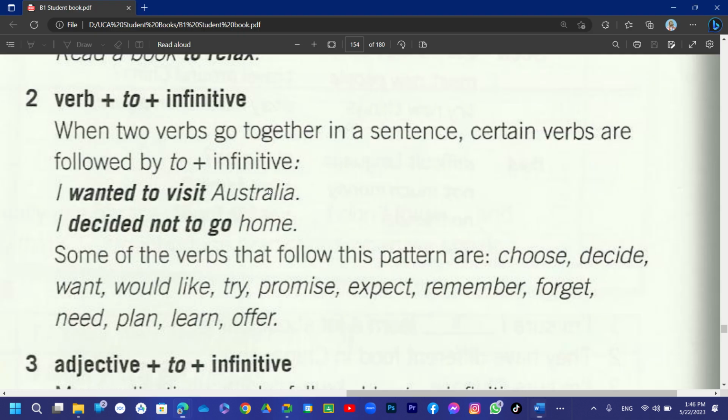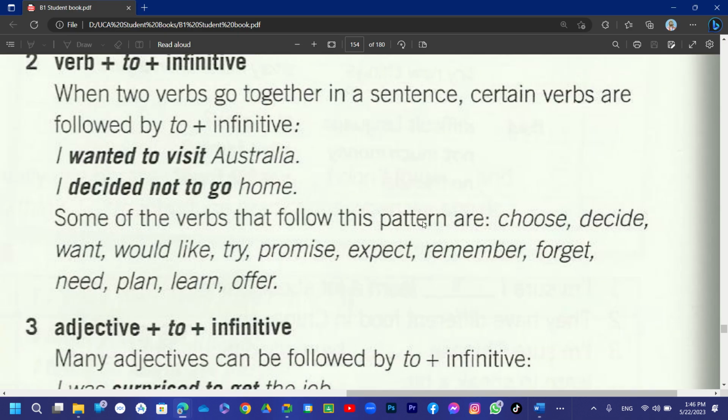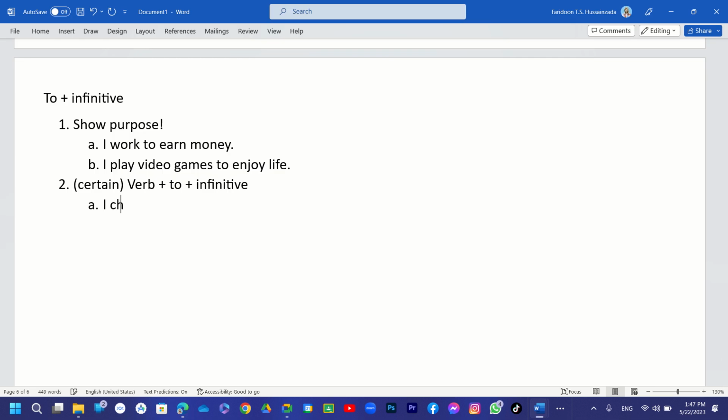Your book has also given some of them, for example, we can use choose, decide, want, would like, and these things. So let's say, I choose to work hard. I am not forced by anyone. See, I choose to work hard.